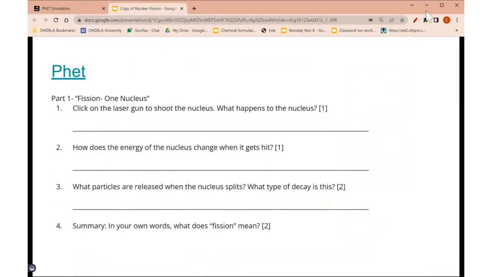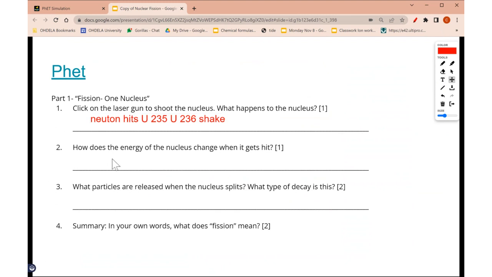All right, so let's go to this and we'll write this in here. So the laser gun shoots it. What happened? Okay, so a neutron hits uranium-235, becomes uranium-236 for a second, and starts to shake.